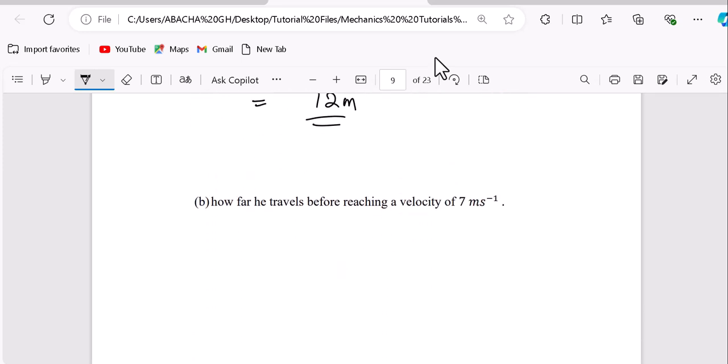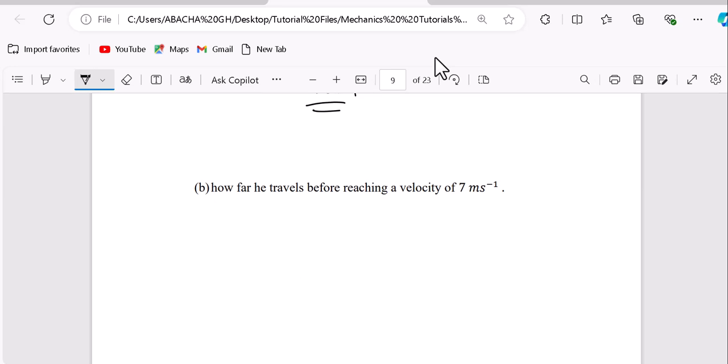Now they are asking how far he travels before reaching a velocity of 7 meters per second. You see the question? How far he travels before reaching a velocity of what? 7 meters per second. So this is a final velocity given to us.